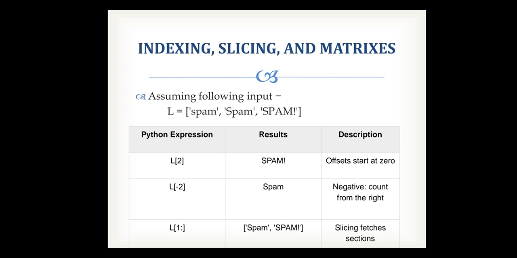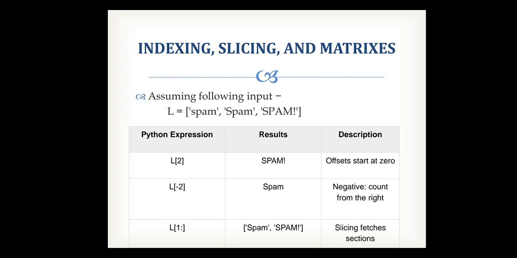So there are three elements of the same word, spam, but with different cases. Now we are going to access it. Here we print the list element L[2], that is index position 2. It will print spam in uppercase.